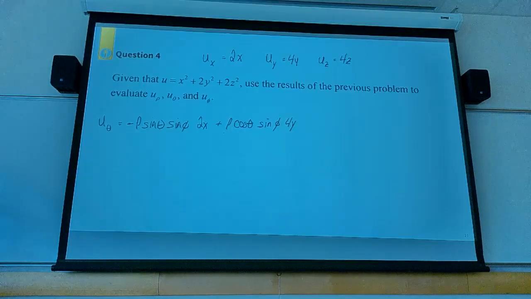Do it on the line. X is rho cosine theta sine phi.